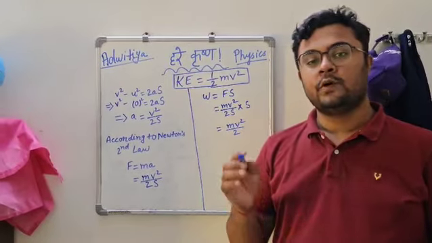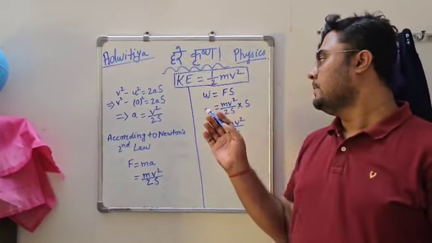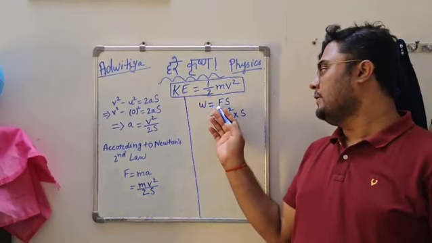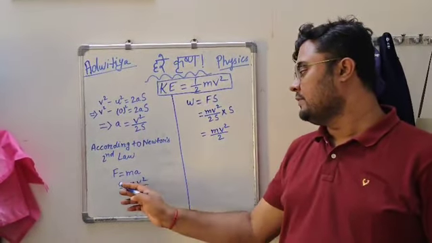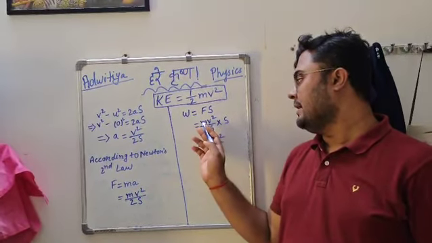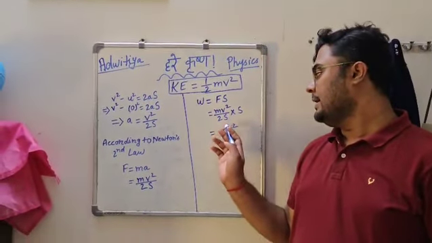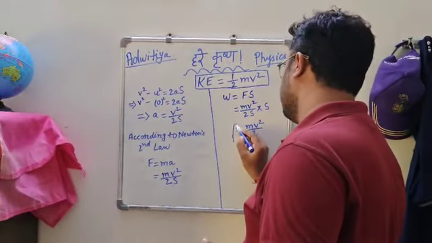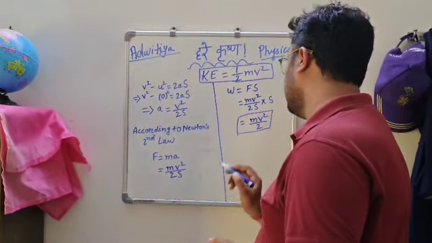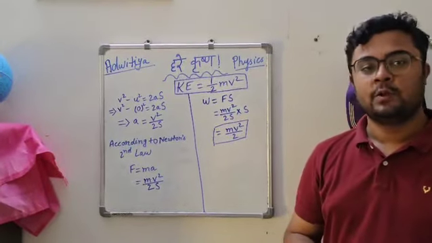So if we know the work done, we will know the energy. Substituting the value of F, which is mv square by 2s, into S, we get the final answer as mv square by 2, which is half mv square.